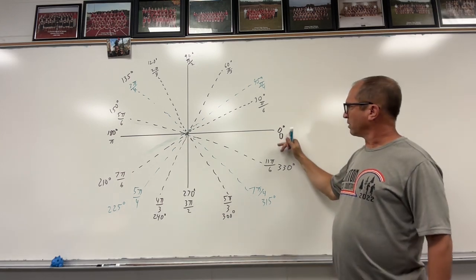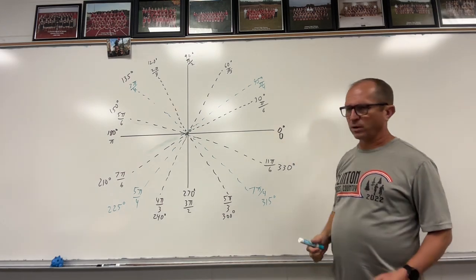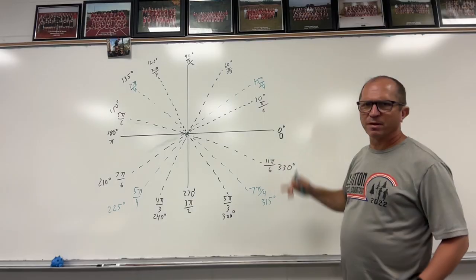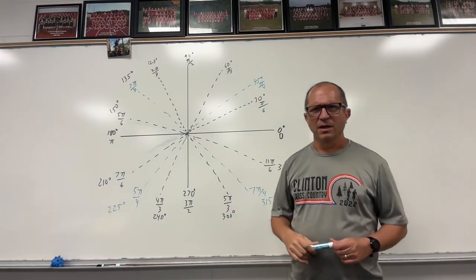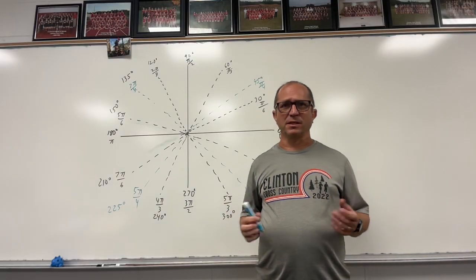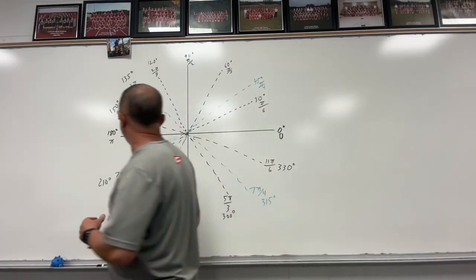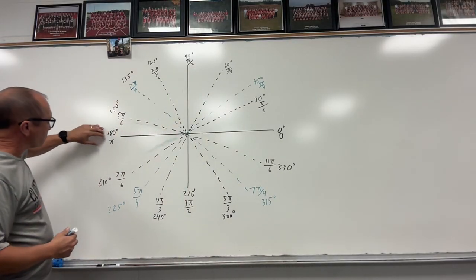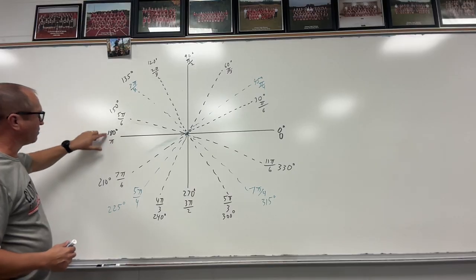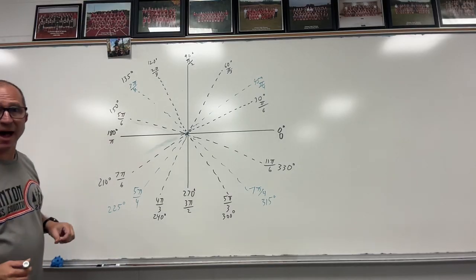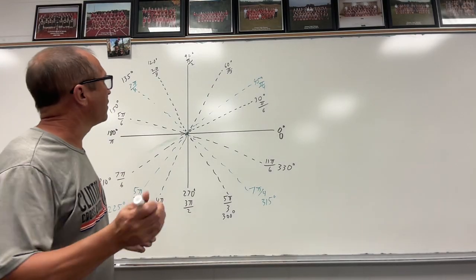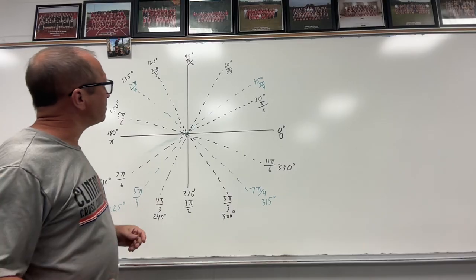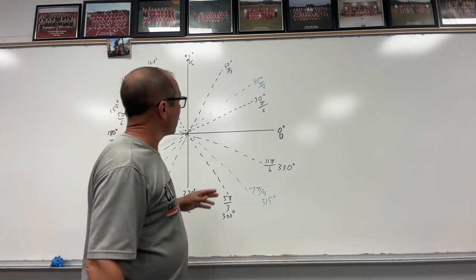And of course, there's 0 degrees and 0, which could also be associated with 360 degrees. So those are going to be your basics. The key to know in doing what I'm going to introduce at first is understanding the correlation between 180 degrees and pi. Now, let's go from there and let's talk about it.